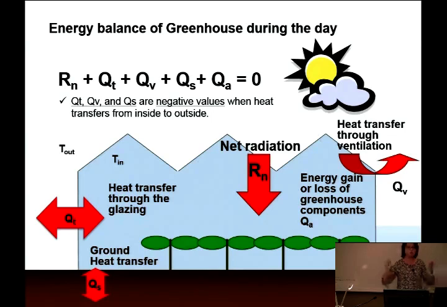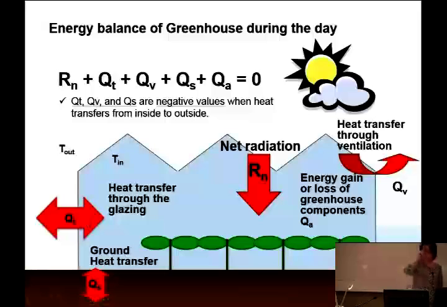So let's look a little bit further at the balance of energy in the greenhouse. When we talk about energy balance, we have to think about the boundary. In this case, our boundary is basically the outer layer of the greenhouse, so we are not talking much about internal change. We are looking at the boundaries, the heat transfer between inside and outside of the greenhouse.